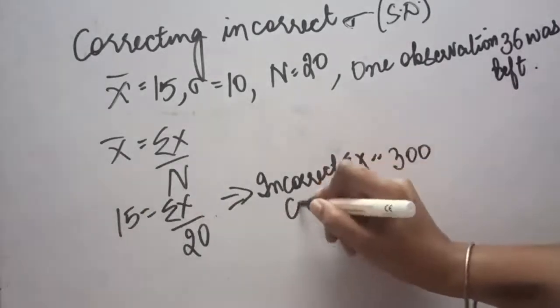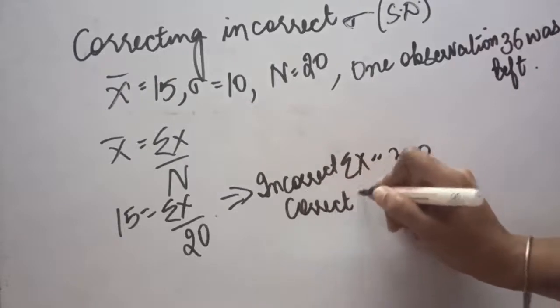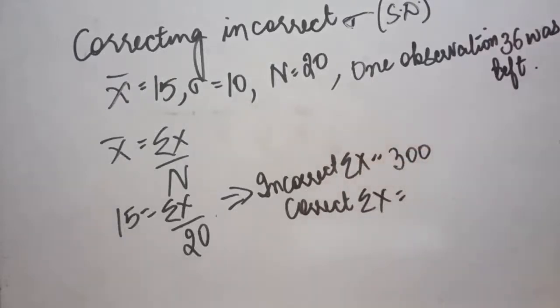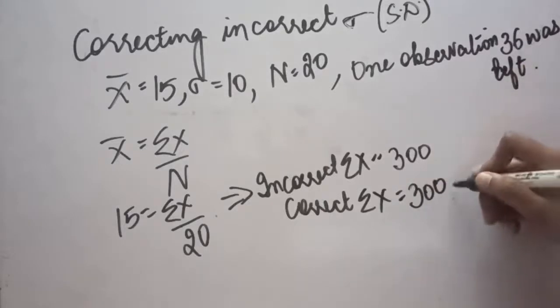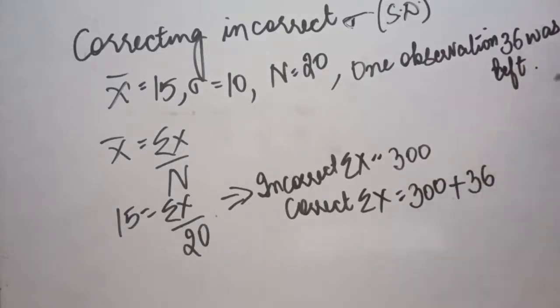Now we have to calculate the correct sigma x. This is wrong, and the item which was left out, we will add that item. If in such a question it has been given that 36 has been wrongly entered as 63, then plus 36 minus 63 will be done. But here only one item was left out, so we just add it into our series. Correct sigma x has been calculated.